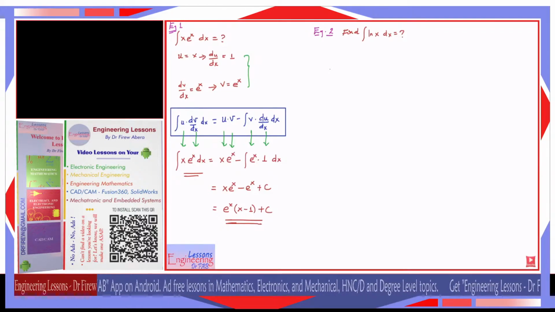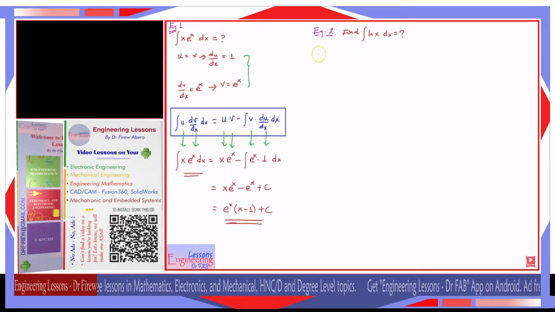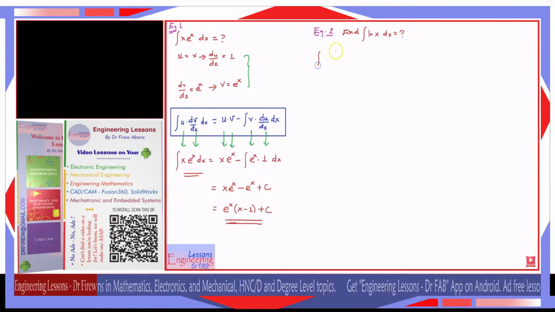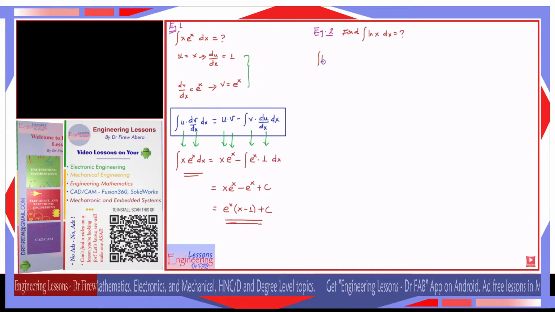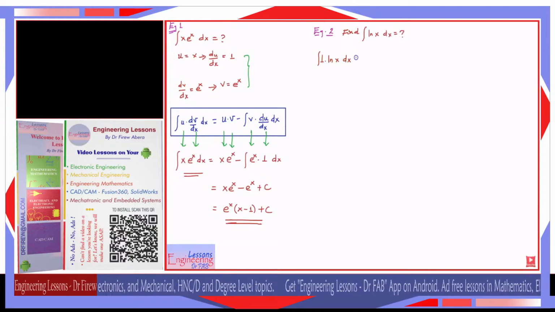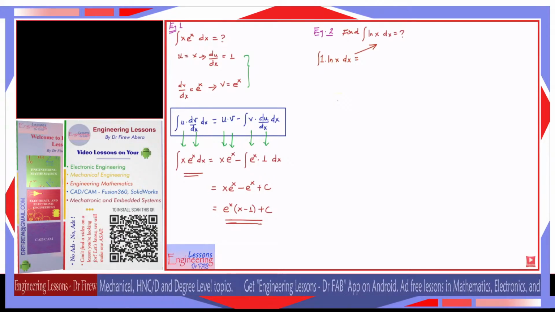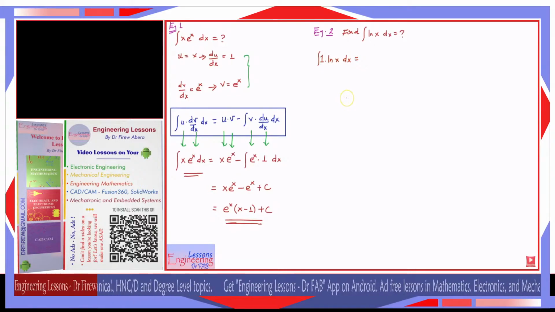So we'll rewrite this in the following way: the integral of 1 times ln x dx. This is equivalent to our previous function, and we can go on and solve this now.